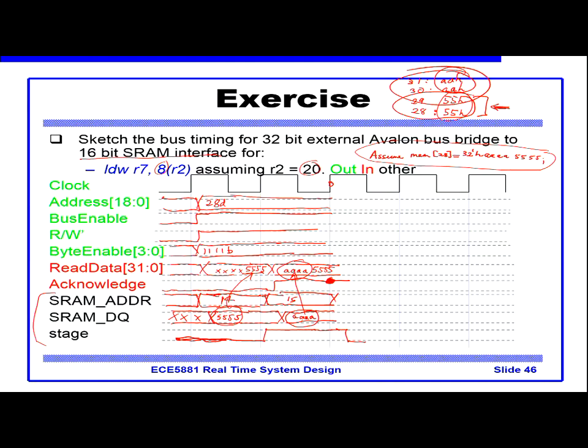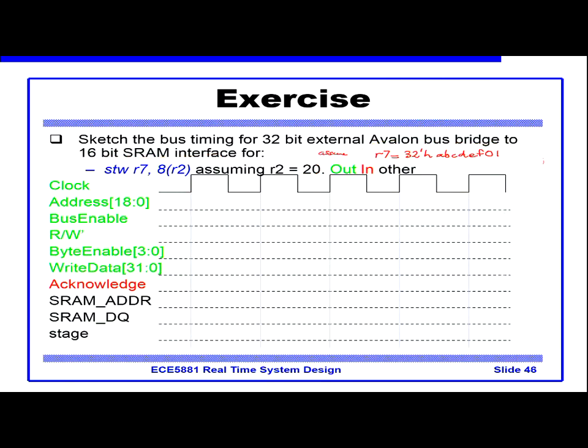So what we've looked at now is roughly how to design this interface. So the next exercise we should be able to do very quickly because it's the store instruction now using the same address, which is 28, 20 plus 8. Okay, so let's just run through that pretty quickly. So we have the address lines coming out, so that is 28.